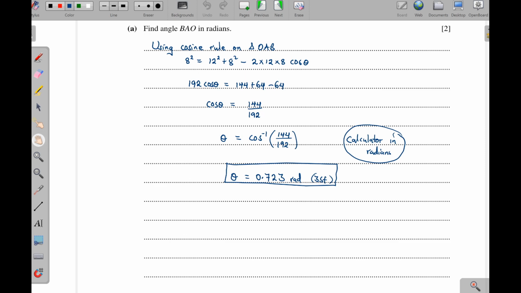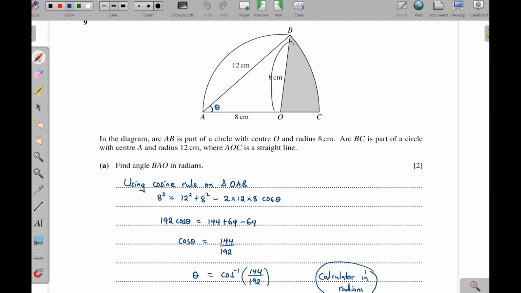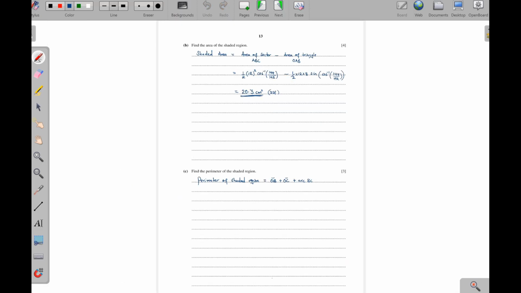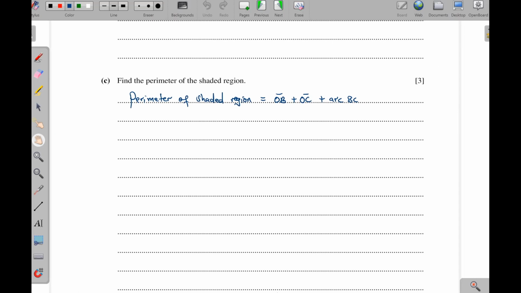When we check again here, our OB is 8, then our OC is 12 minus the 8, which is 4, right? Then plus the length of one arc is given by r theta, so our r is 12, and then the theta is the arc cos of 144 out of 192.